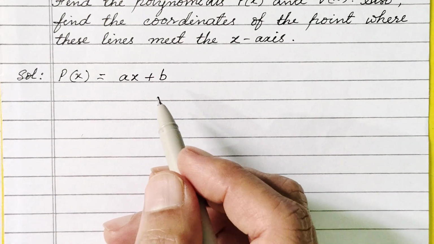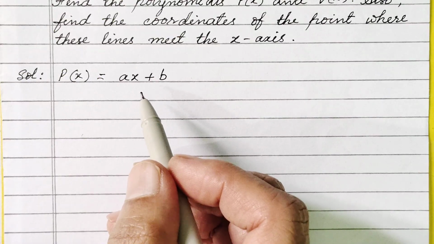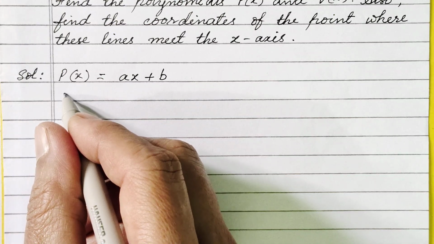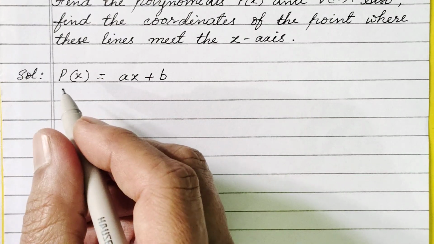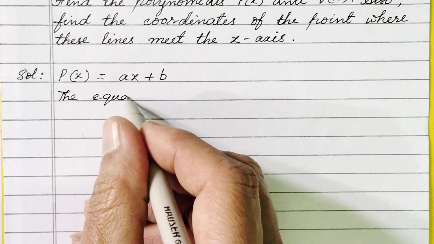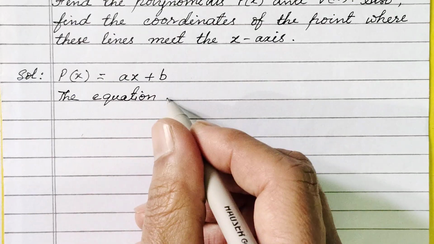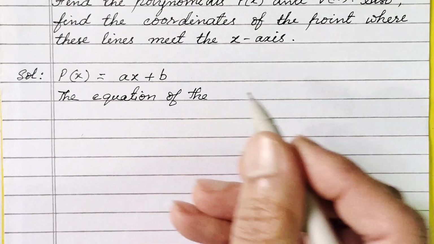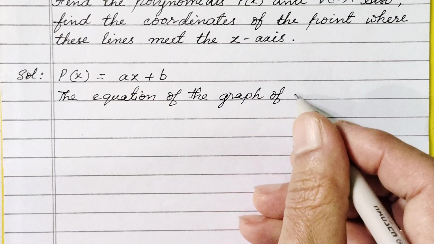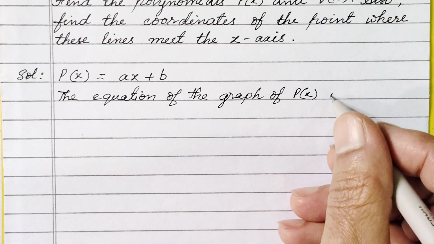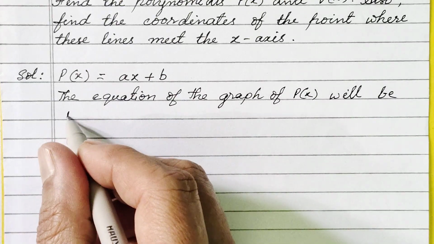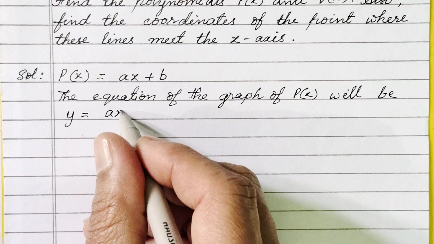So when this is the polynomial, the equation of the graph of p(x) will be of the form y equal to ax plus b.